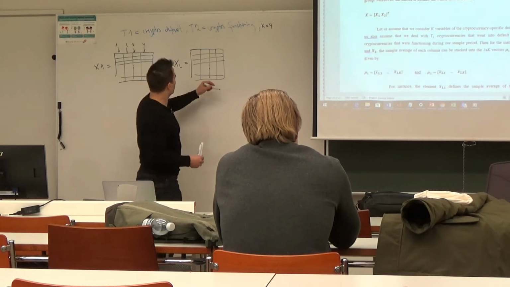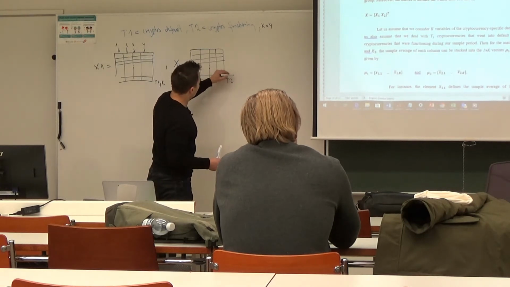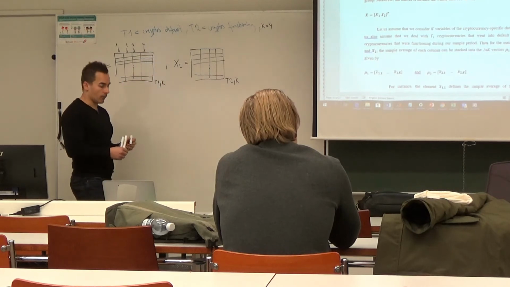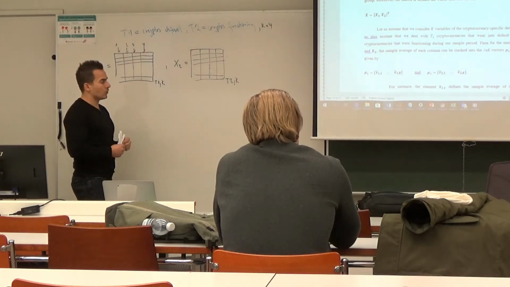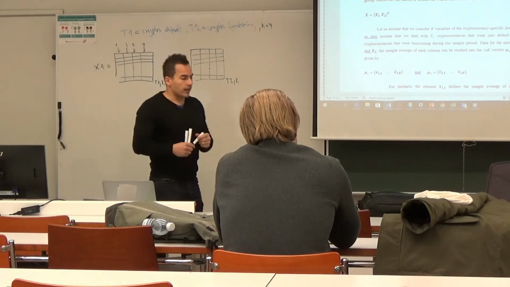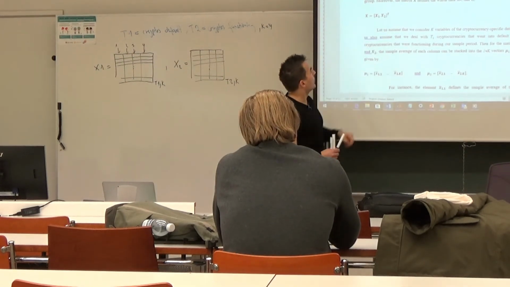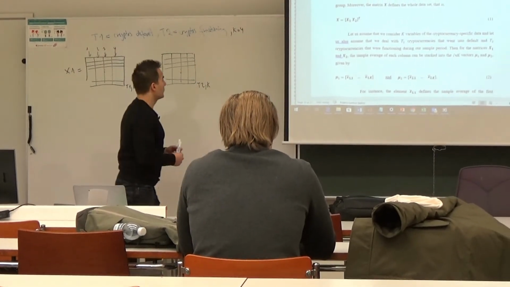So in this case, our X2 matrix is a T2 by K matrix, or T2 by 4 in our case. So what we can do then is stack those into a block matrix.